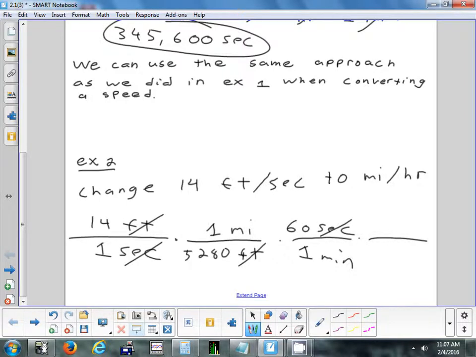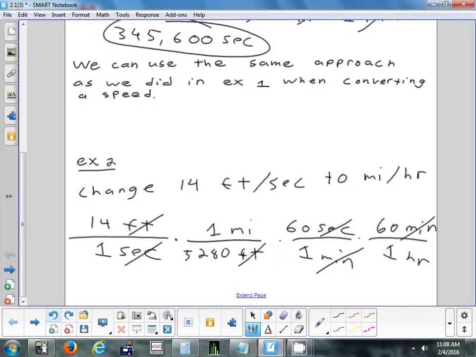Anybody think they can tell me my last fraction, what it's going to be? 60 minutes, 1 hour. Perfect. Minutes cancels out. Look at your units you're left with. Miles in the top, hours in the bottom.